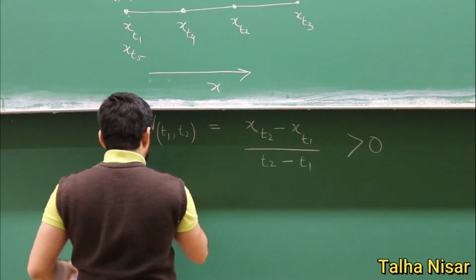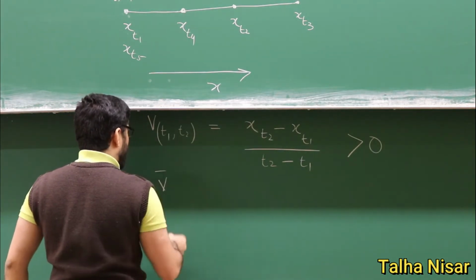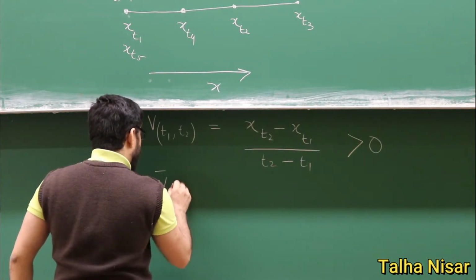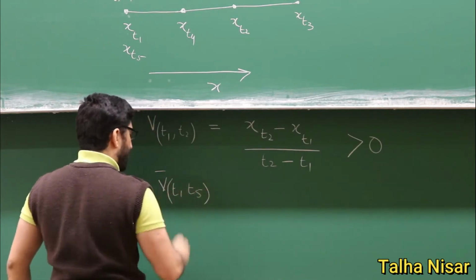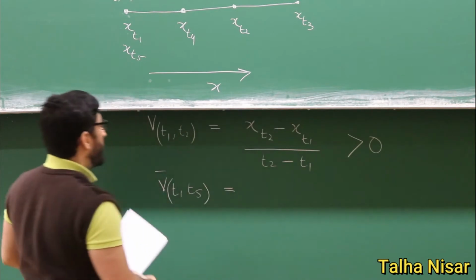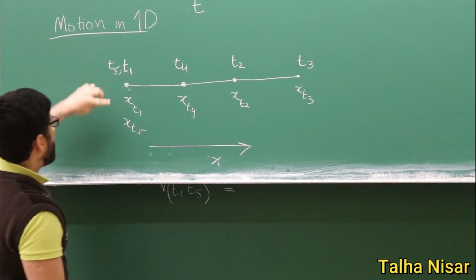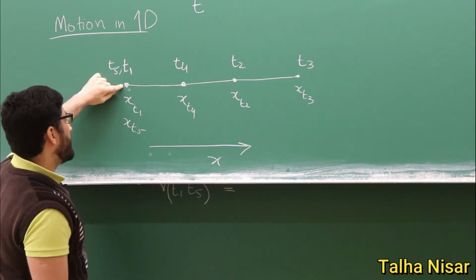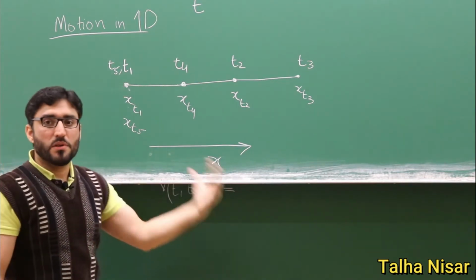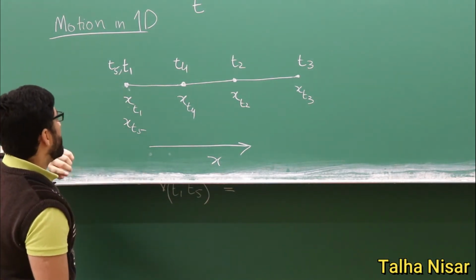And now the average velocity between t1 and t5. We come back to this diagram here. We want to know the average velocity between x(t1) and x(t5).